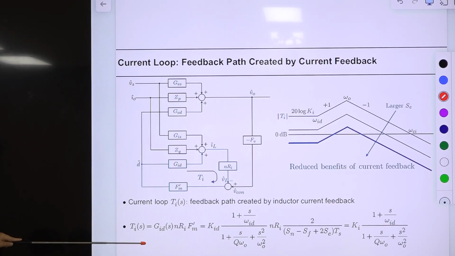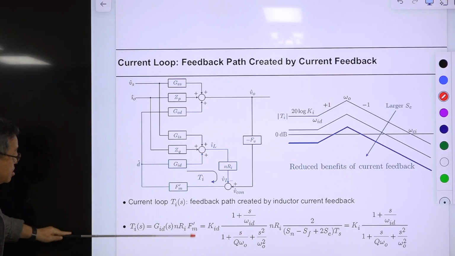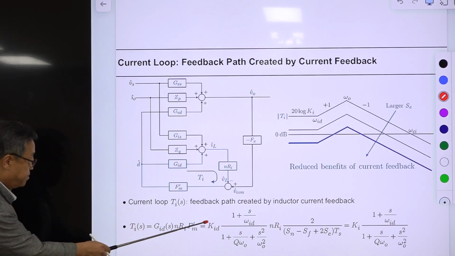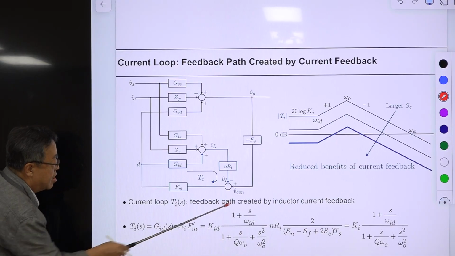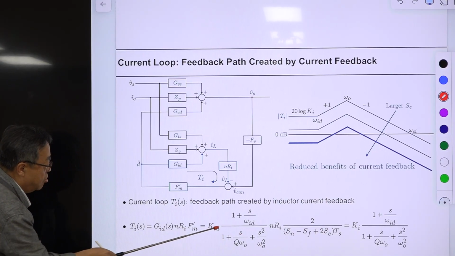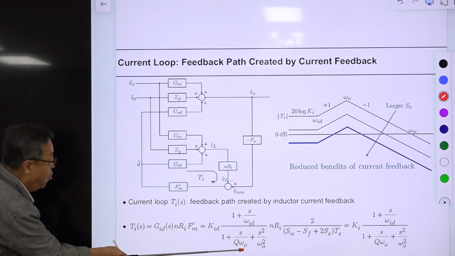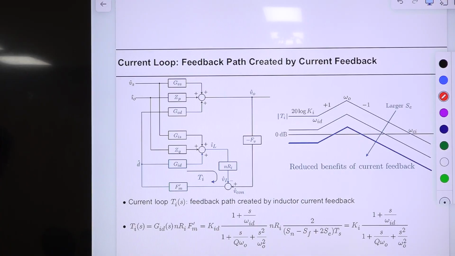So TI is this one times this one times this one. This one is a quadratic function, with the DC gain, a zero and a double pole. This is constant, and this FM prime is also constant.